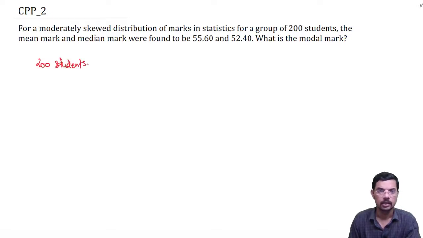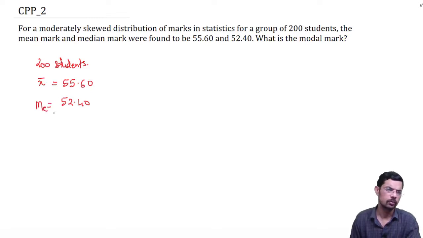The mean mark and the median mark were found to be: mean is x bar, x bar is equal to 55.60, and 52.40 is the median.